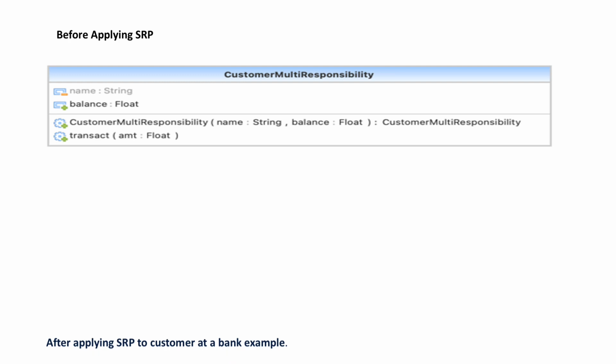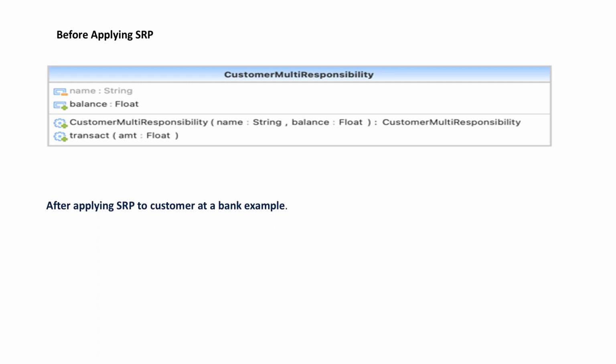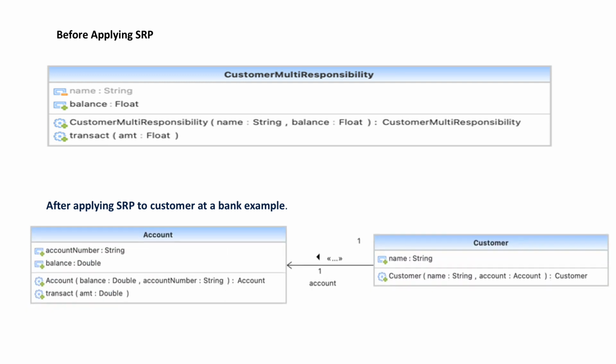So let's see how it can be done after applying the single responsibility principle to the customer bank example. Here we can segregate it into two different classes. One class will have the name instance variable with the customer detail information, and the second class will have the account number and balance which is related to the bank account.